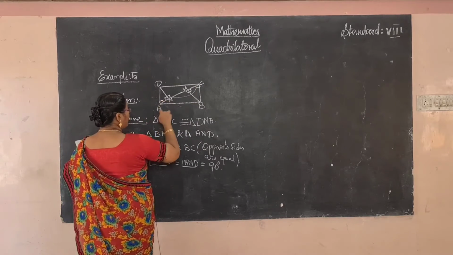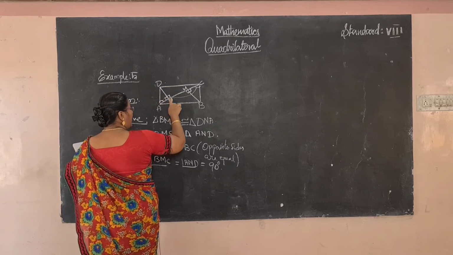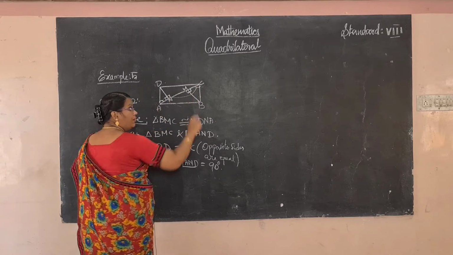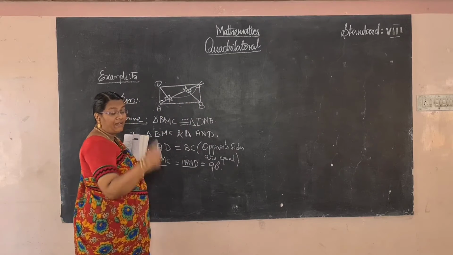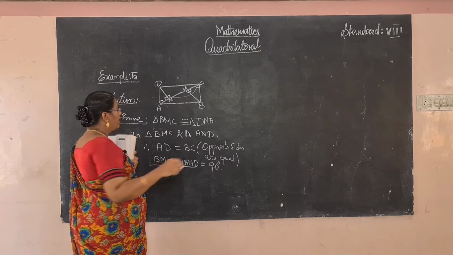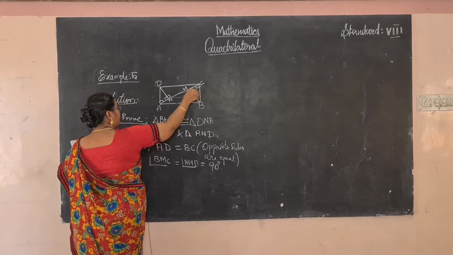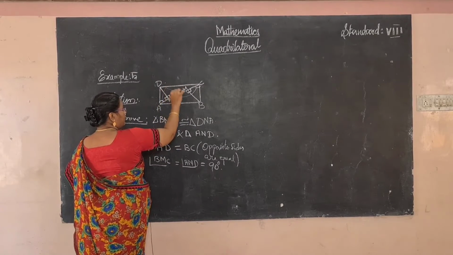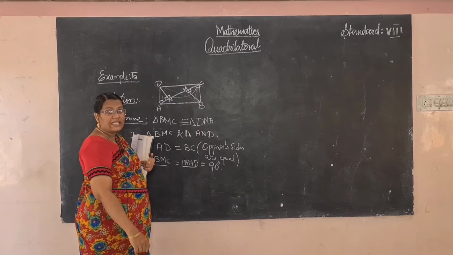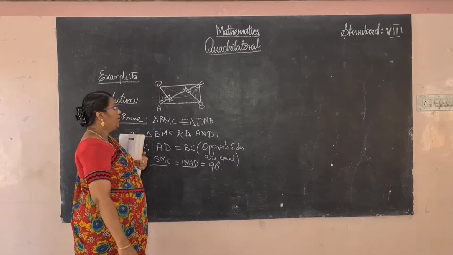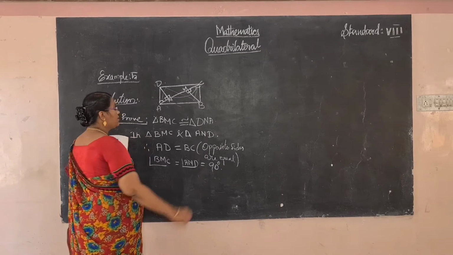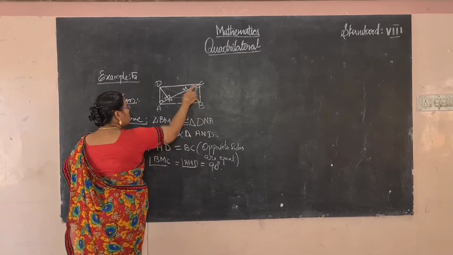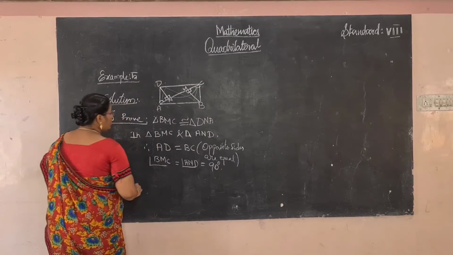Which are those? DAN and BCM. Alternate angles. Already we have learned the Z shape. Z shape denotes the alternate angles. So these alternate angles are equal. These two angles are equal.